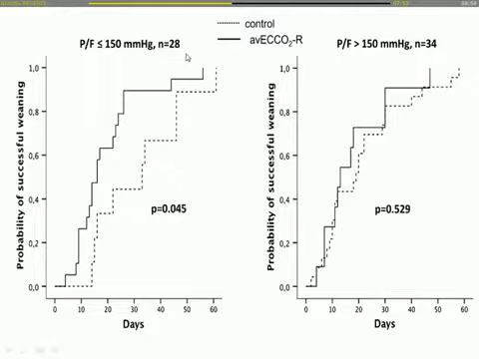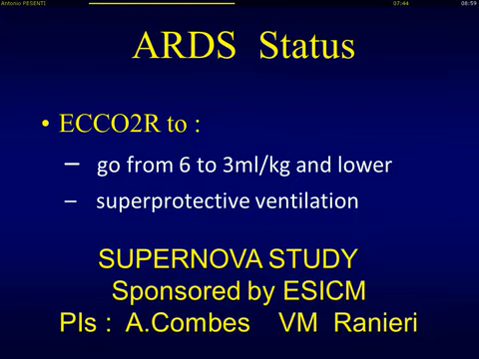Numbers are small, as you can see. But it starts to be a good suggestion, a good indication. Still, we do not know exactly what to do with the patient's lung management during CO2 removal. It's something we still have to learn, how to preserve end-expiratory lung volume, how to avoid atelectasis at very low tidal volumes.